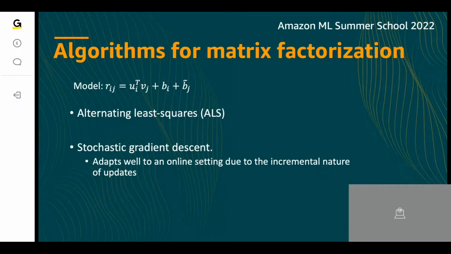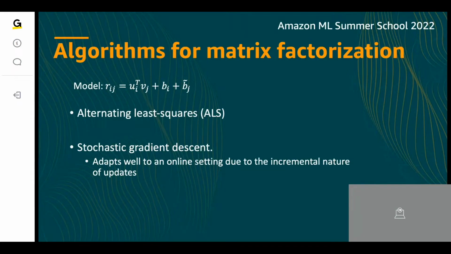One way of solving this is through alternating least squares. Essentially, what you do is you first learn the user matrix, and in the next step you learn the item matrix, and so on and so forth.